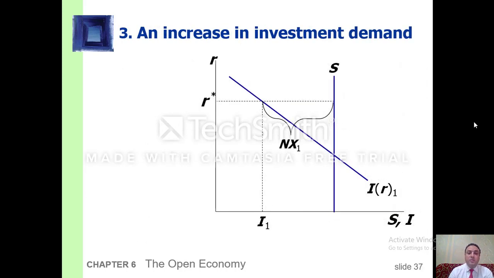The third experiment is an increase in investment demand. If the demand for investment increases, what happens in this case? We can see in this graph here the new position of I1, or investment, determined by the world interest rate, and the difference between this investment and saving, the NX1.